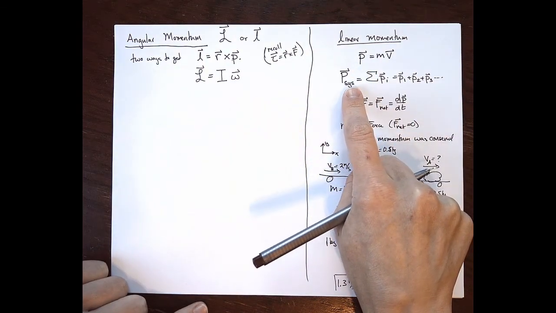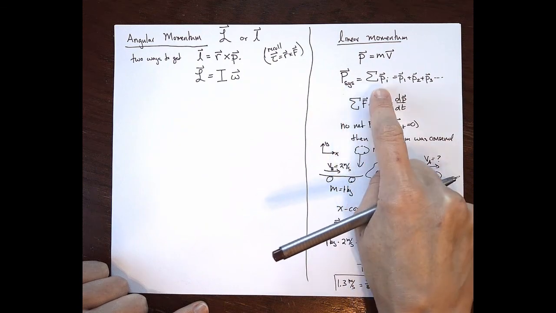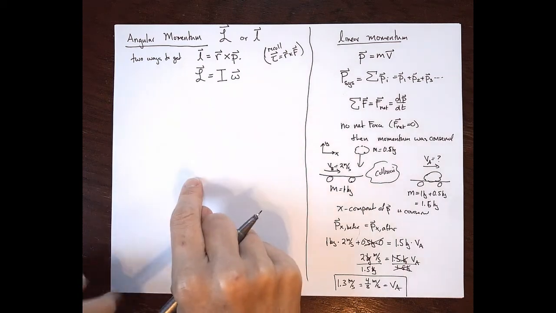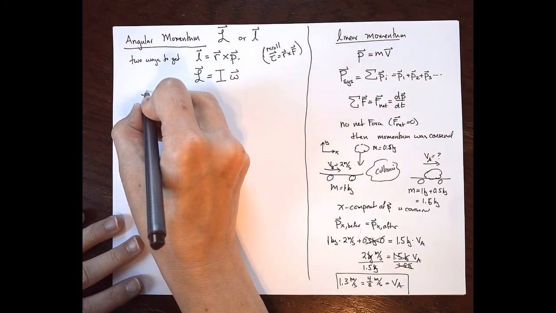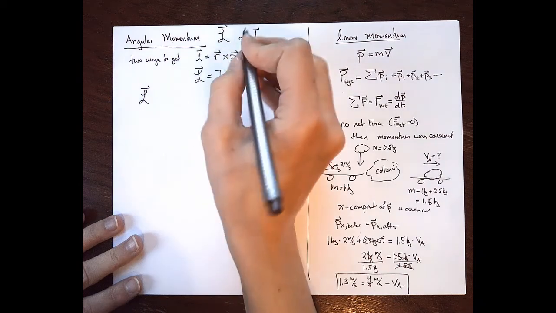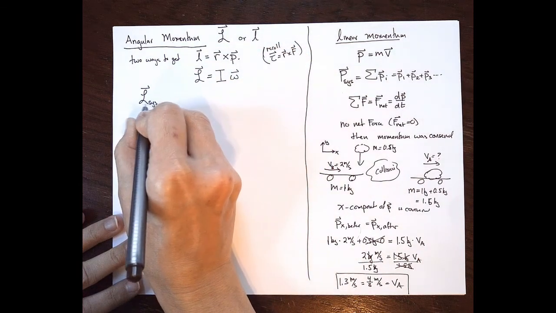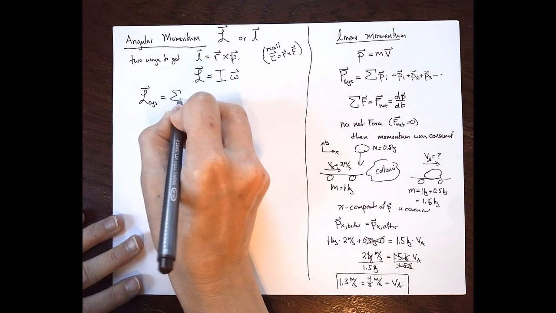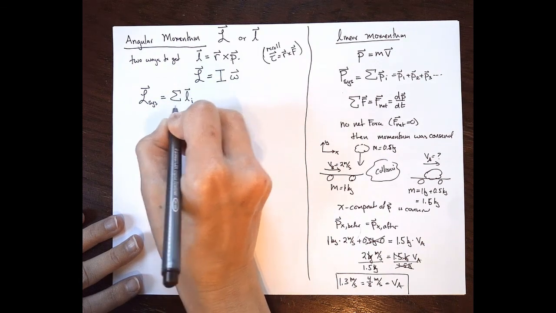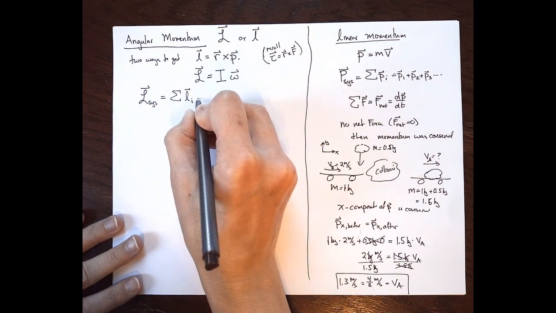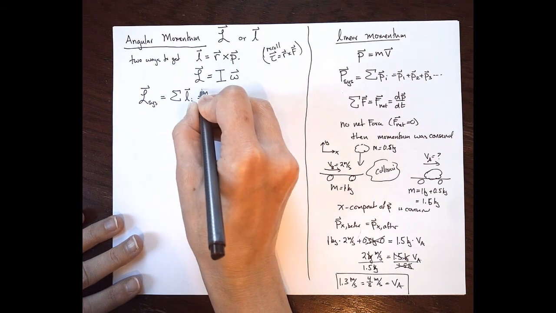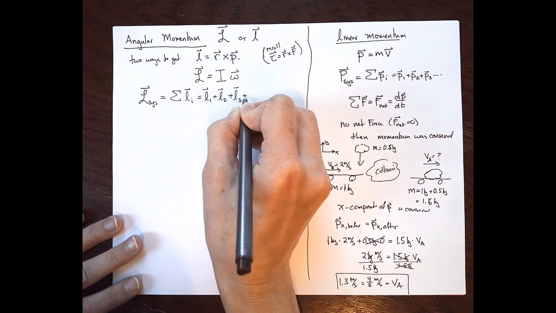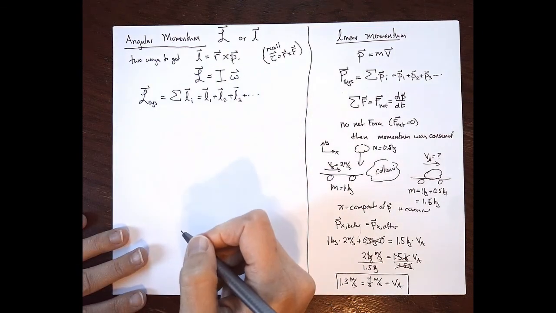And just as we could add up the linear momentum of a system by adding up all the individual linear momentums of each object, we can do the same thing with angular momentum. And that's why we have these two different symbols. The capital L, which is usually what we use for a system or a big complex object, is equal to the sum of all of the angular momentums of the object's components. So the first thing in the system, plus the second thing, plus the third thing, and so forth and so on until we've added them all up.